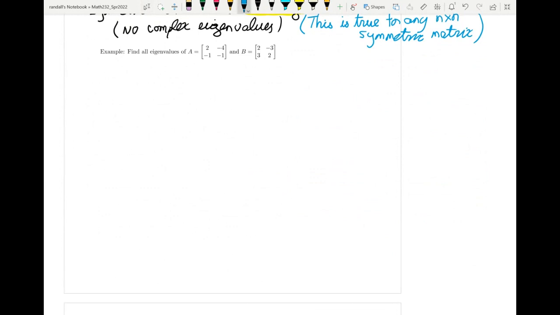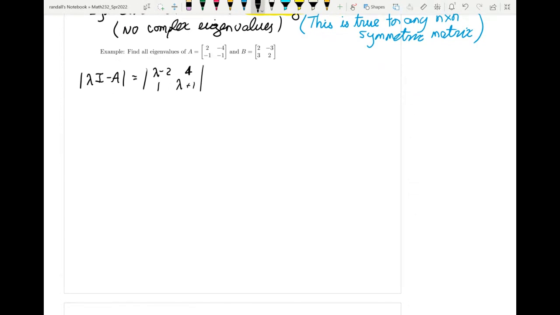Let's start with A then. So I have lambda I minus A equals the matrix with rows lambda minus 2, minus 4, and minus 1, lambda plus 1.